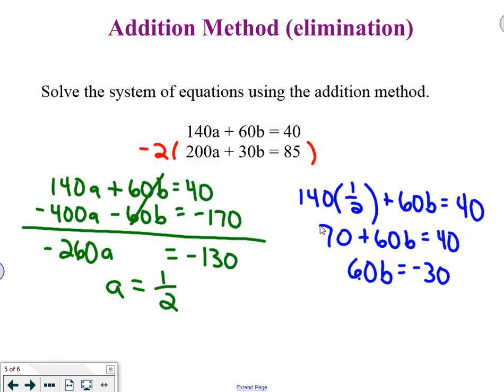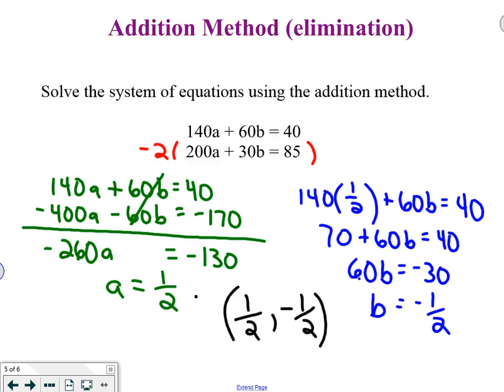Divide both sides by 60, and B equals negative 1/2. So the solution to my system of equations is the point 1/2, comma, negative 1/2. And of course we know A comes before B, just like x comes before y. So I put the a value first and the b value second.